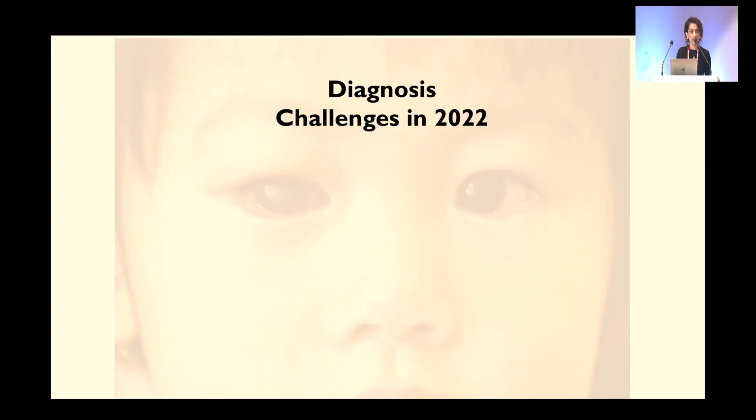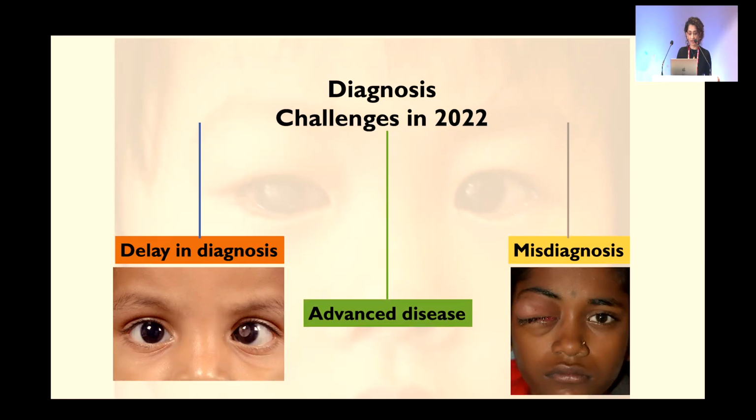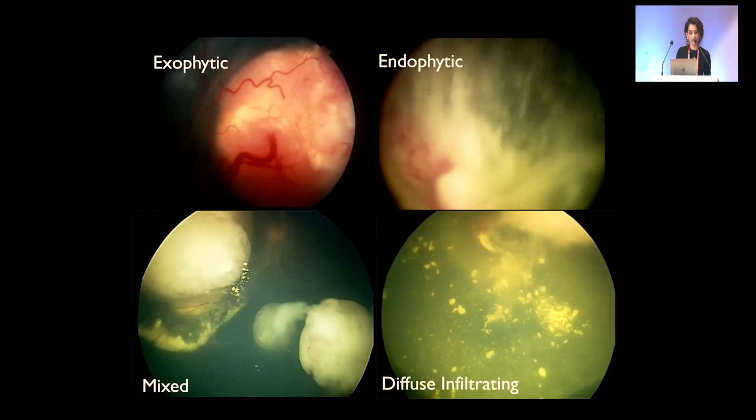So diagnostic challenges, we have delay in diagnosis, we have misdiagnosis, and we have advanced disease. So it's not difficult to diagnose retinoblastoma. These are the simple tools that you need: examination under anesthesia, 360-degree retina, 360-degree ora, and I would also add 360-degree ciliary body along with the anterior segment evaluation.